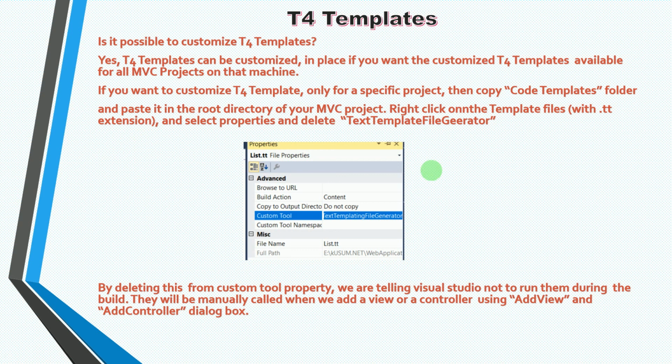Right click on the template files with the .tt extension, select Properties, and delete TextTemplatingFileGenerator. If you want to use the T4 templates, you have to remove this custom tool name. By deleting this from the Custom Tool property, we are telling Visual Studio not to run them during the build. They will be called manually when we add a view or a controller using the Add View and Add Controller dialog boxes.